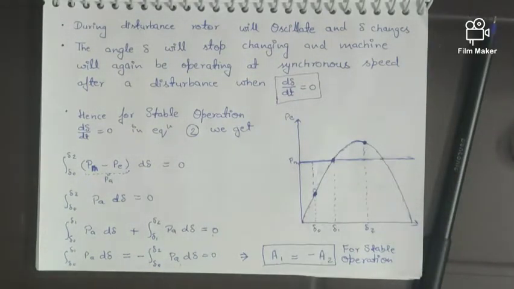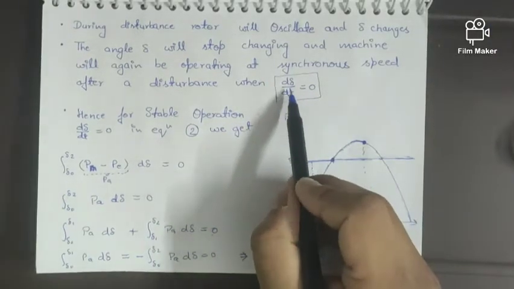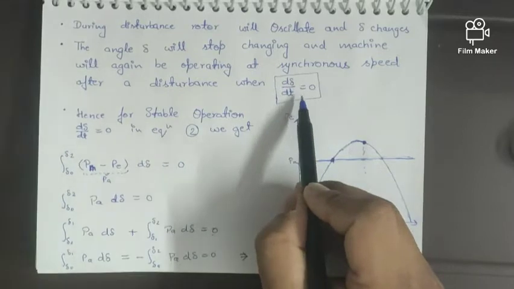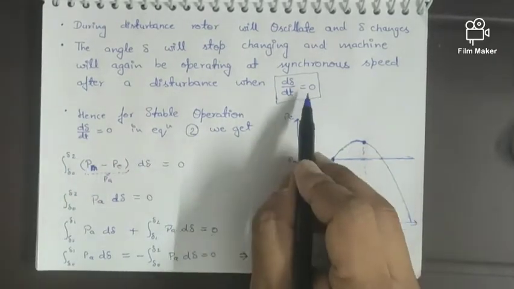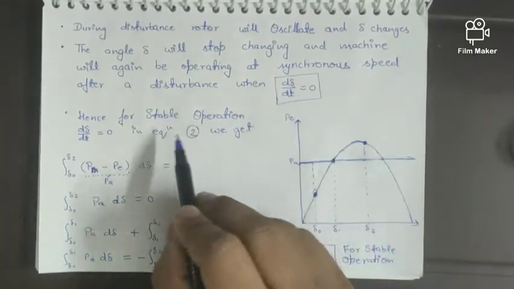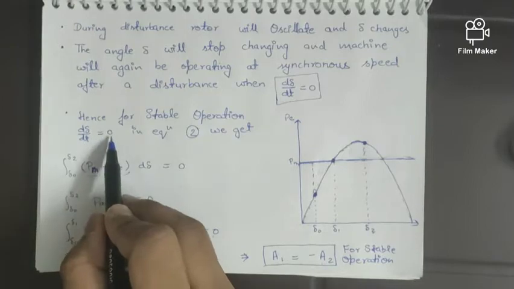I have already told you that after the disturbance the change in load angle with respect to time will become 0. Hence for stable operation we need to apply the condition that the change in angle with respect to time is 0.